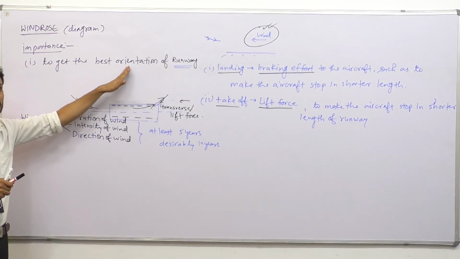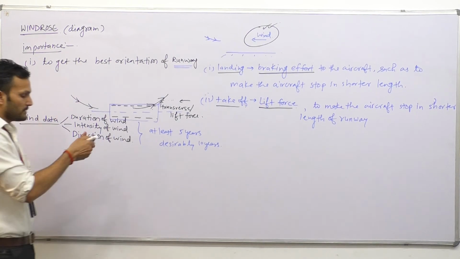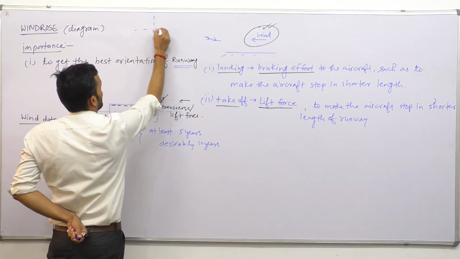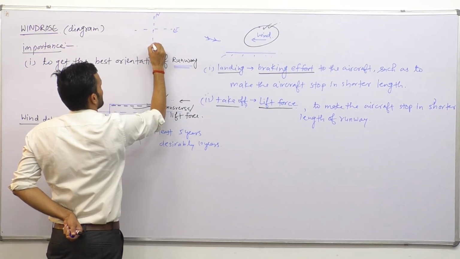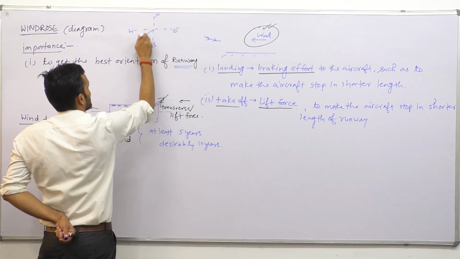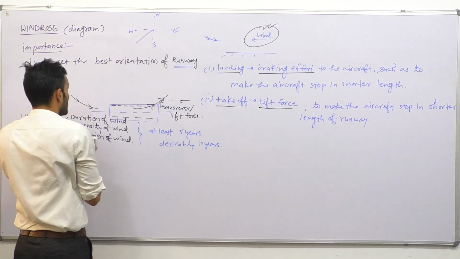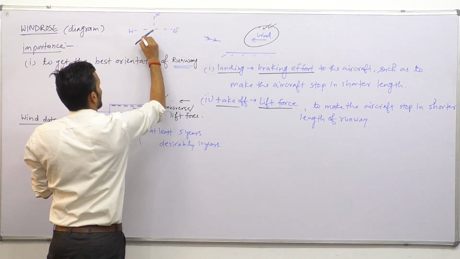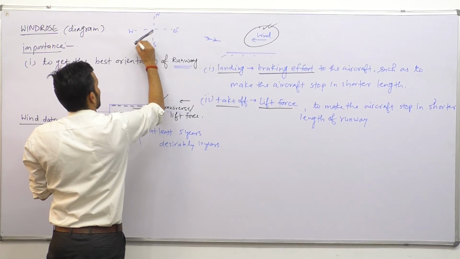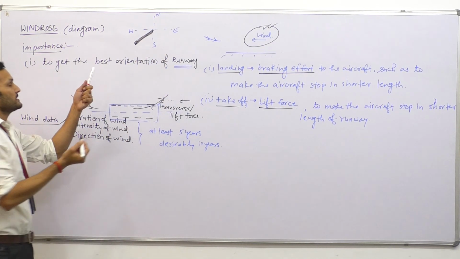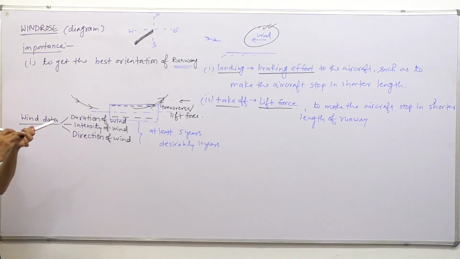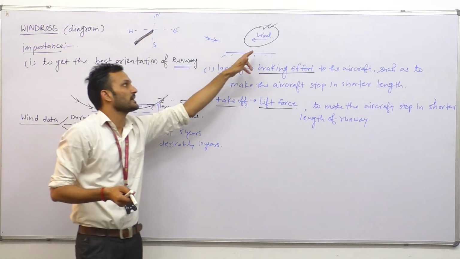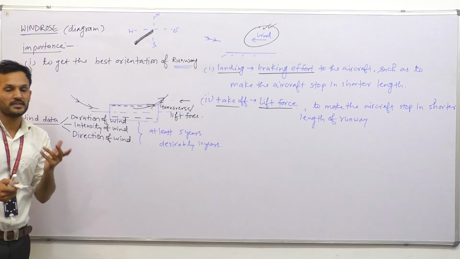With these data and this basic idea of how and why we orient the runway, this is only to get the direction of the runway. If it is a point and this is east, north, south, west, and our runway is oriented in this direction, I need to find which direction, within the complete 360 degrees, my runway has to be oriented so that I can utilize the effect of wind as much as possible.